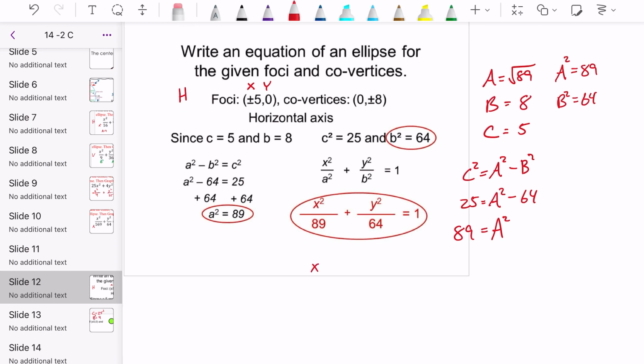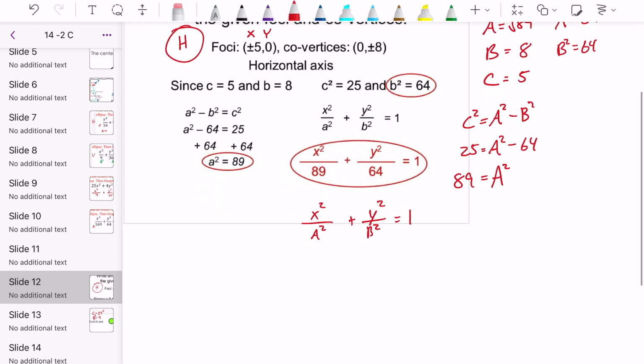We have X squared over A squared, and we know A squared is going to be there because we are looking at horizontal foci, plus Y squared over B squared, which is 64, is equal to 1.